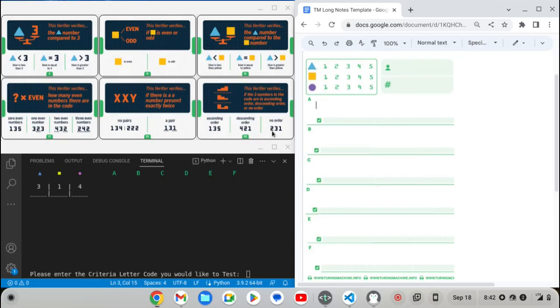So let's look at this example 231. Notice that it goes from 2 to 3, so it increases, and then it goes from 3 to 1, and then decreases. So it's that shift. That's one way to describe a 3-digit code to have no order. Other examples that we've seen in other puzzles is when you have consecutive digits, digits that are right next to each other, that are equal.